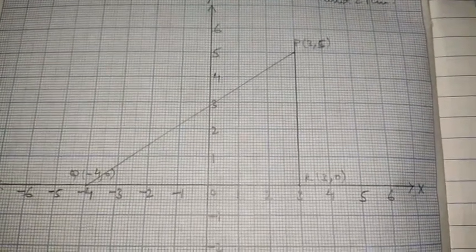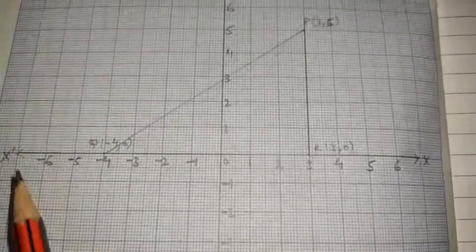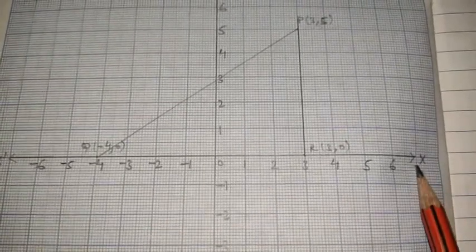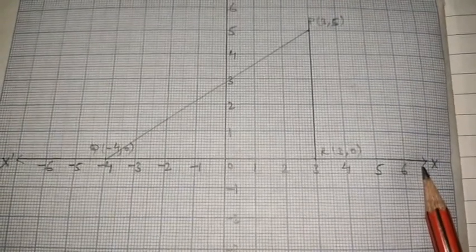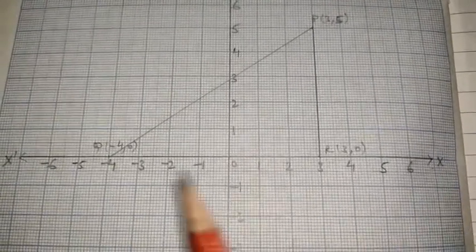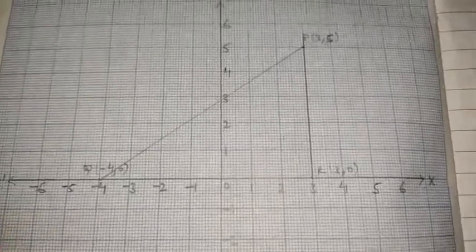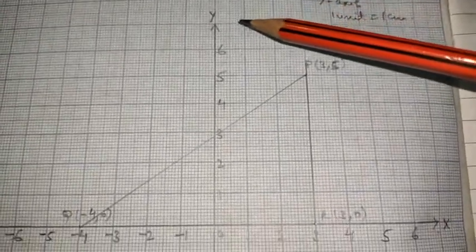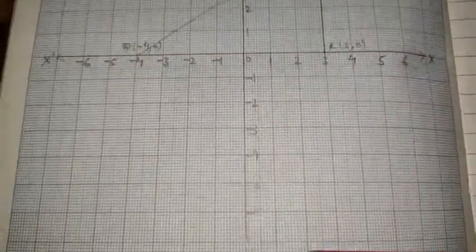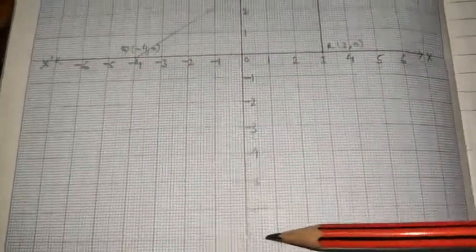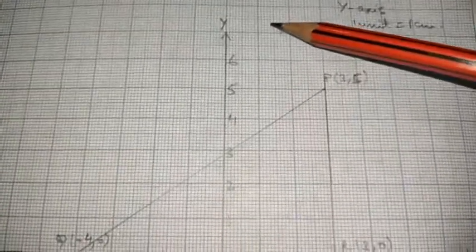Then the second thing you will find is that I have marked arrows on this horizontal line, which is the x-axis, which I have labeled as x, x dash. And the same thing I've done for the vertical axis, which I've labeled as y and y dash. As you can see, I have placed the arrows at both the ends.